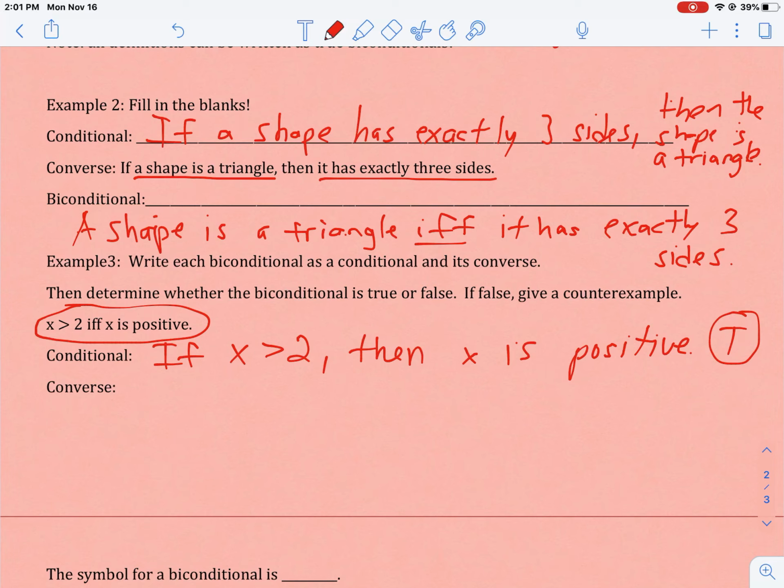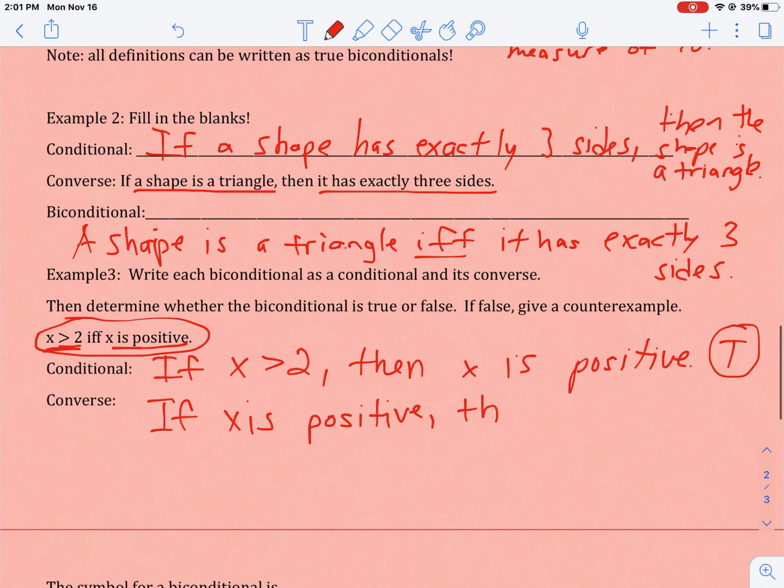So how did I know that that was the conditional? Well, I know it's going to be: if this first part, then this second part. That's how it works out. Now, the converse of this is: if x is positive, then x is greater than 2.